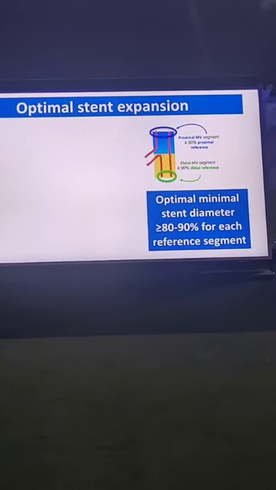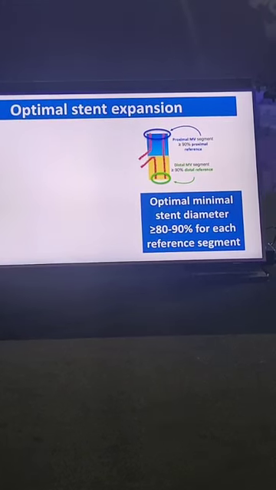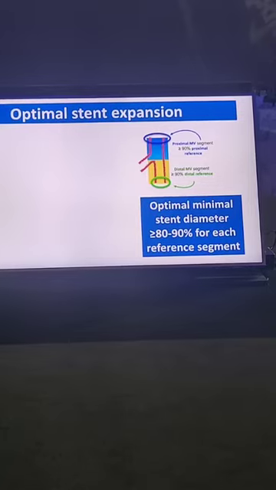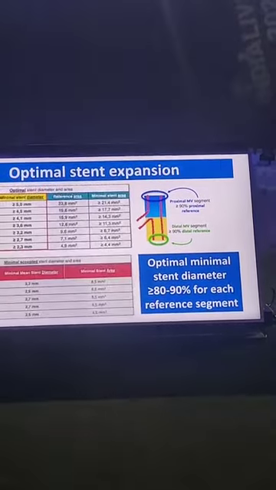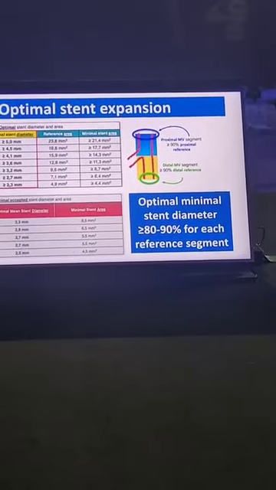So we have the proximal and the distal portion of the application, and we have to reach at least 80 or 90% of the proximal or distal reference, according to where we are in our presentation. Otherwise, we can use this table, which is coming from the instrument and material section of the file.